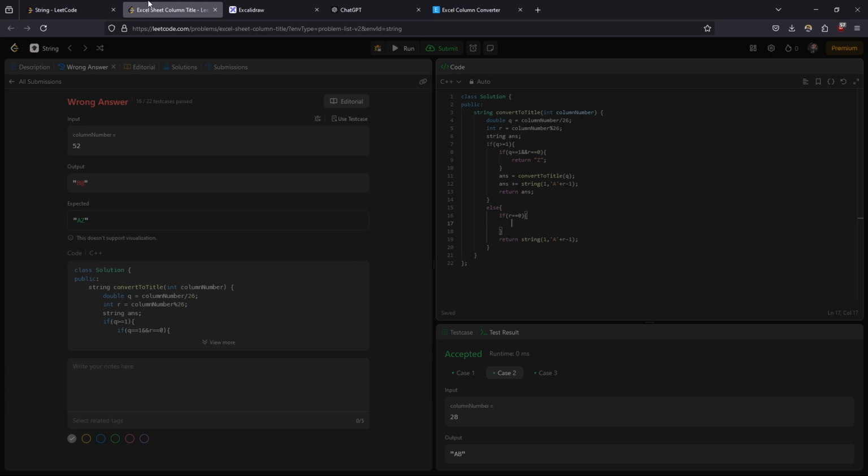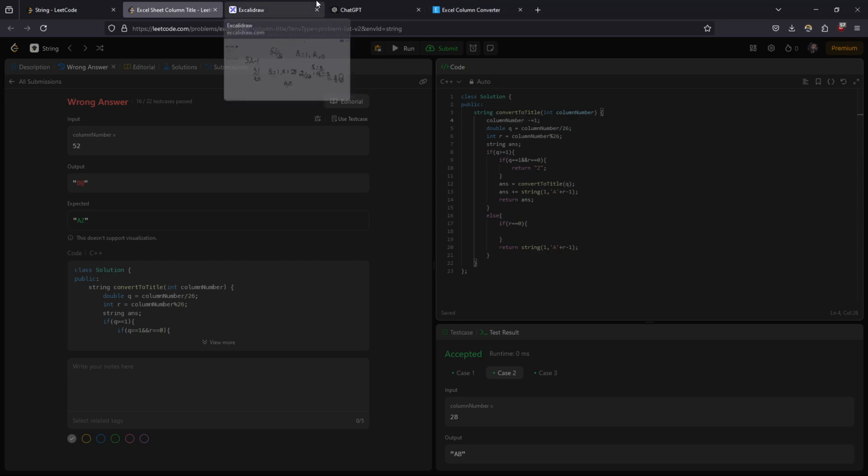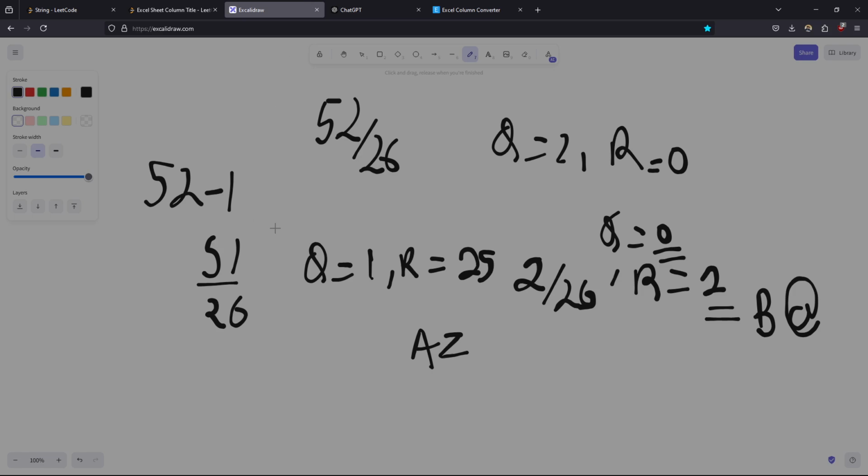So what we can do is, I think we can actually use column number minus equals 1. After doing so, the number will be divided by 26, and we can now use correct calculation as the remainder can go from 0 to 25.